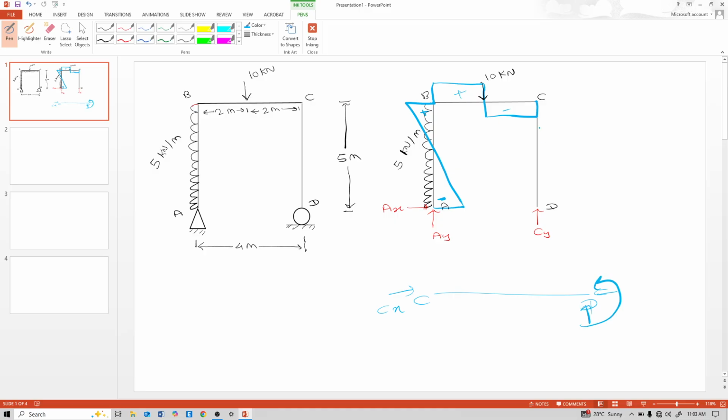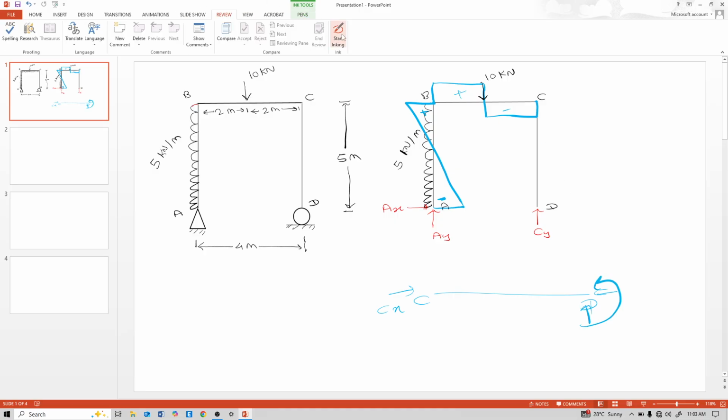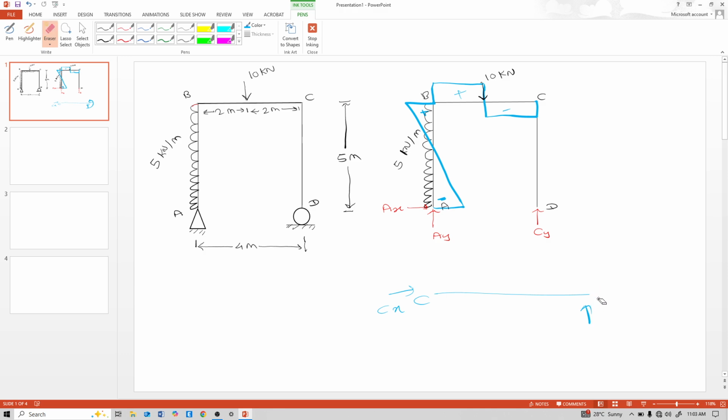At point C, the reaction comes, and at point D it is Cx. So in portion CD no shear generates.